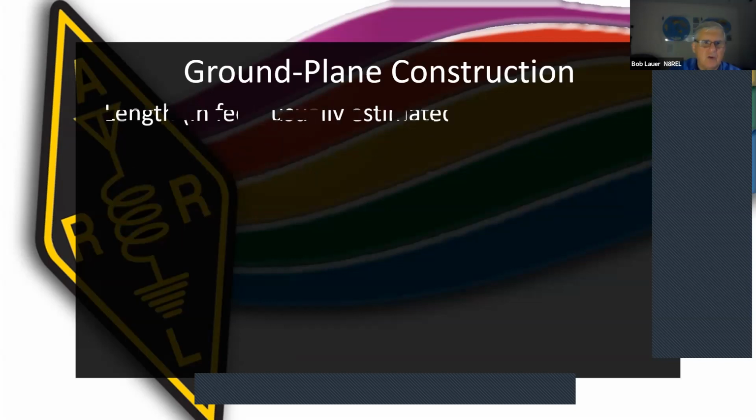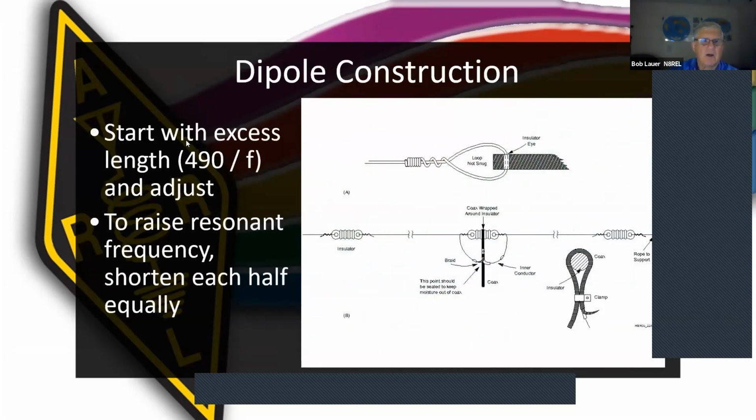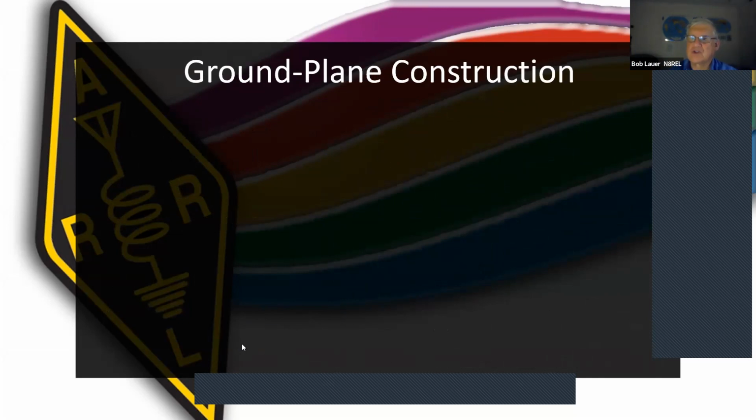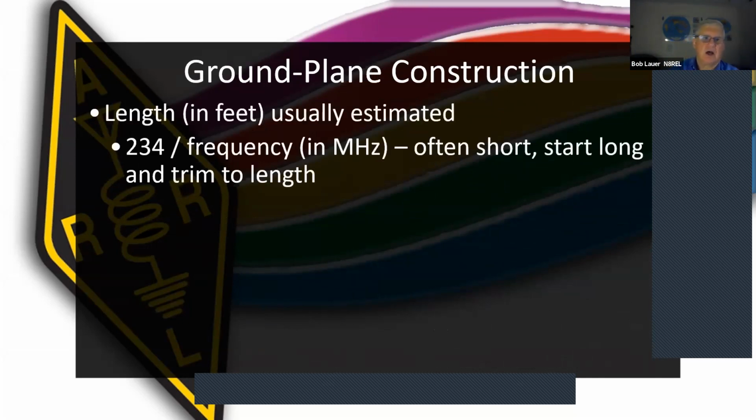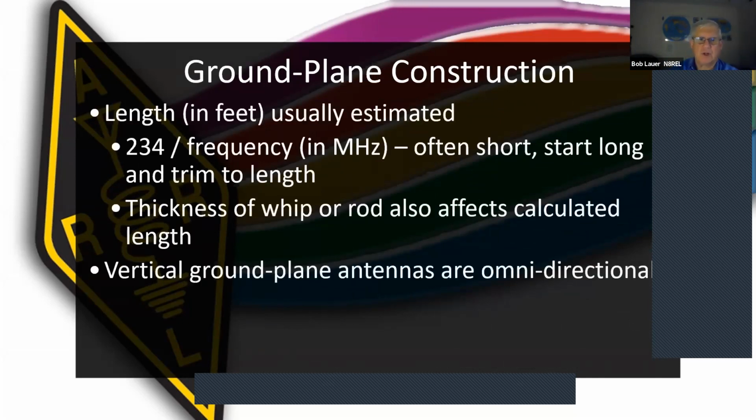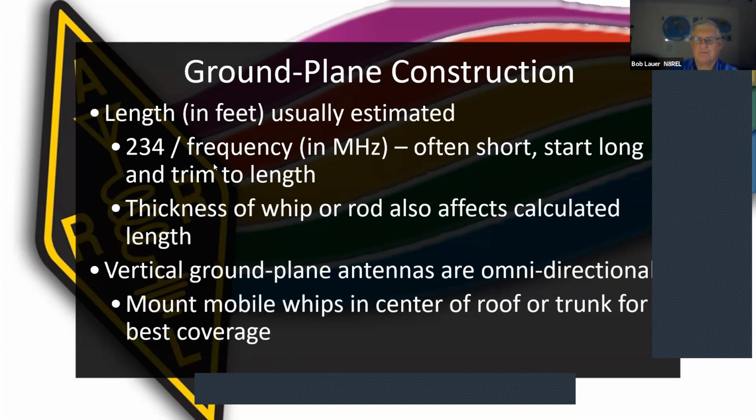Okay. Let's go back here. And like Jerry had said before, you start with around 490 divided by the frequency, and then you cut to make it resonant, to make it receive best. For ground plane, you're doing more like a quarter wavelength.